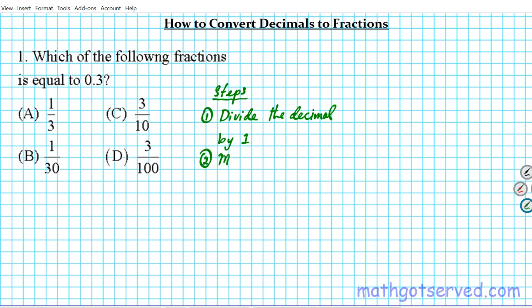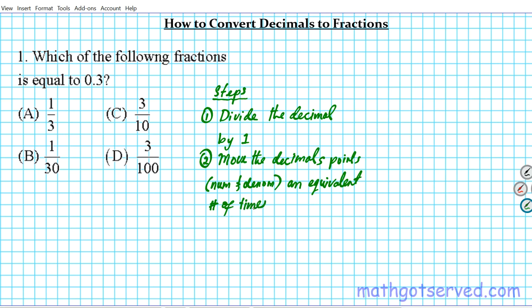How do you do that? You're going to move the decimal points in the numerator and denominator an equivalent number of times. We're trying to get rid of the decimal point, so we're going to be moving the decimal points to the right so we can get rid of that decimal.